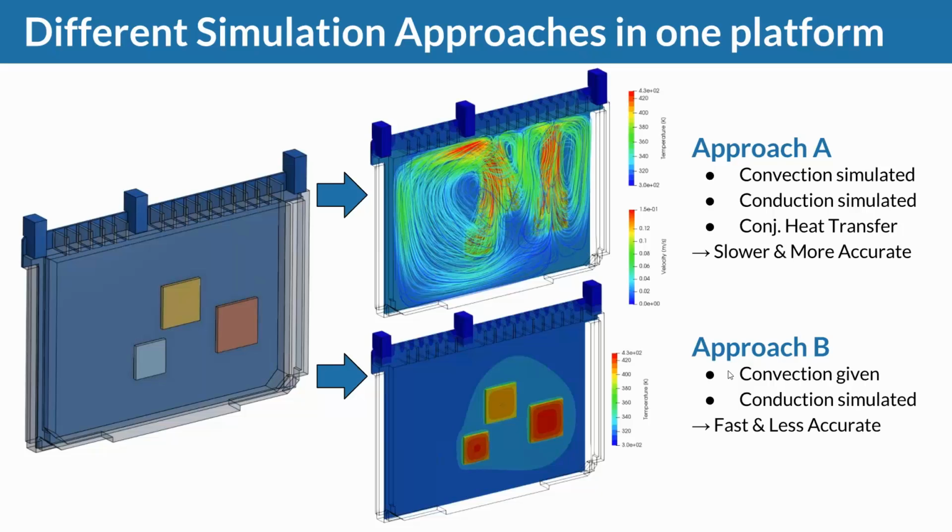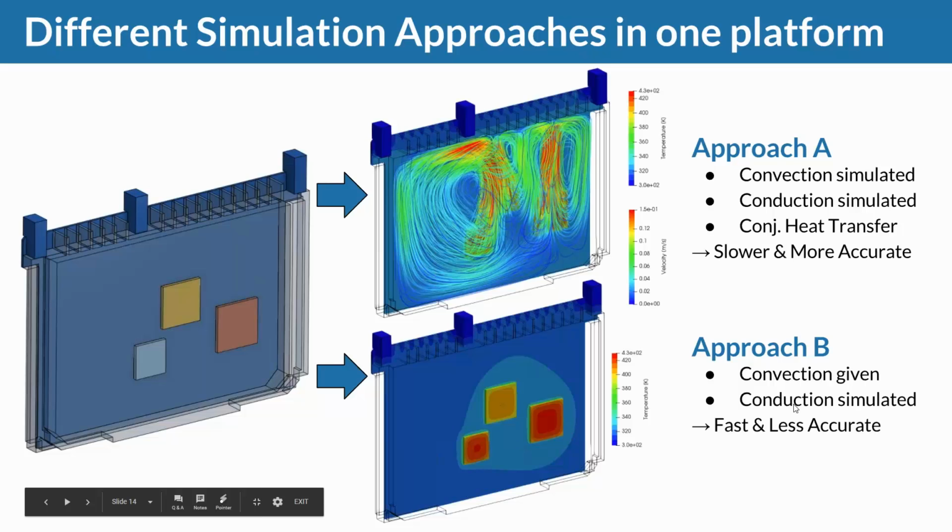Approach B is saying, okay, for the time being, we assume the air in this enclosure to be a perfectly stirred reactor. Temperature is homogeneous across this. Velocities, I neglect the differences. And I assume a constant heat transfer coefficient from the chips to the air in the enclosure.